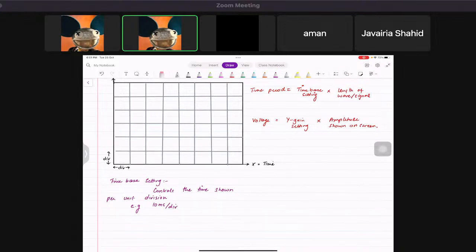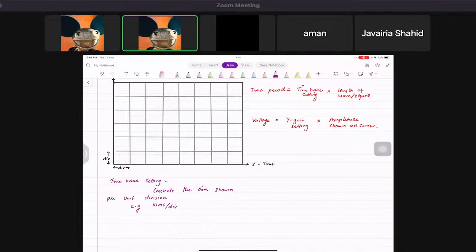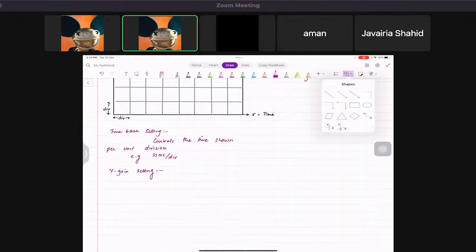And then when you talk about Y gain setting, Y gain setting basically controls the voltage shown per unit division.